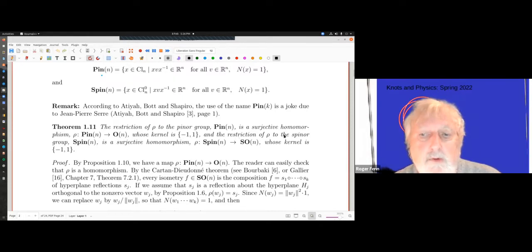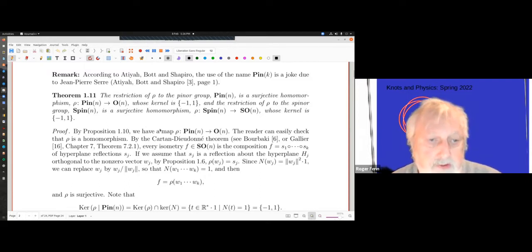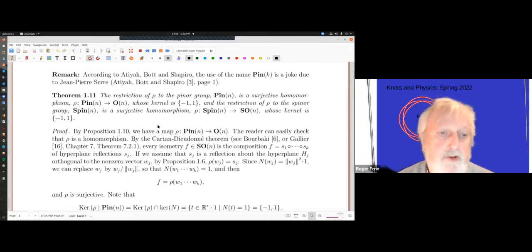And the restriction of rho to the spinor group, Spin(n), is a surjective homomorphism whose kernel is also {-1, 1}. Okay, so we know we've got this map rho, which goes from Pin to O, and this is a homomorphism in the sense that all conjugations are homomorphisms.